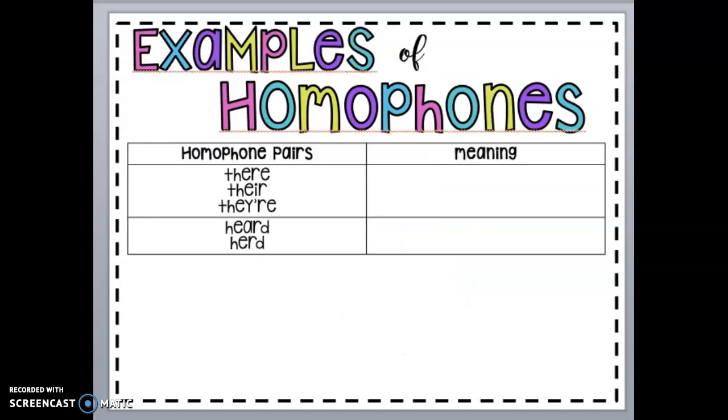So here's a couple examples. Now, we call them homophone pairs or partners, and in this first one right here, you're going to see the homophone pairs there, and there. Now you're probably thinking, okay, Miss Valadez, all of those sound the same.